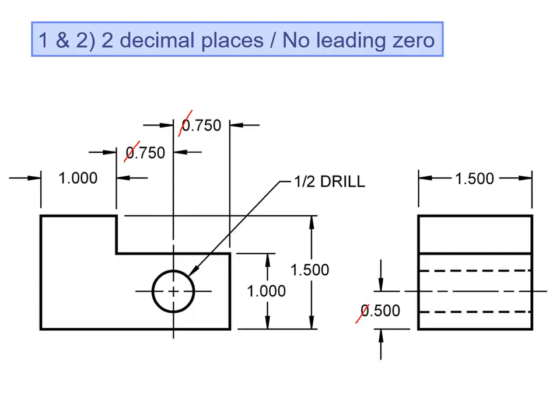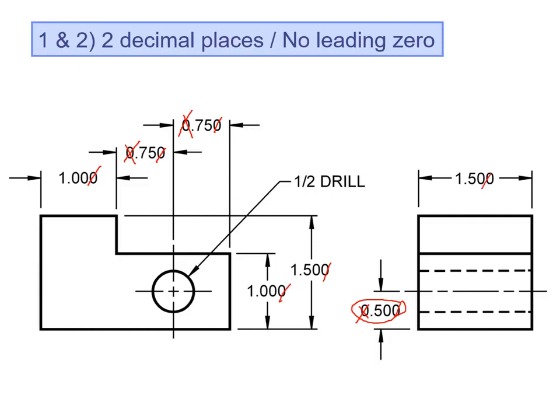If you see a 0 in front of a decimal point for a number smaller than 1, then you know it's millimeters. But in this case, we're dealing with inches, so you do remove the 0 in front of the decimal point. And once again, since we don't need accuracy, we're going to get rid of the third decimal place for all the dimensions.